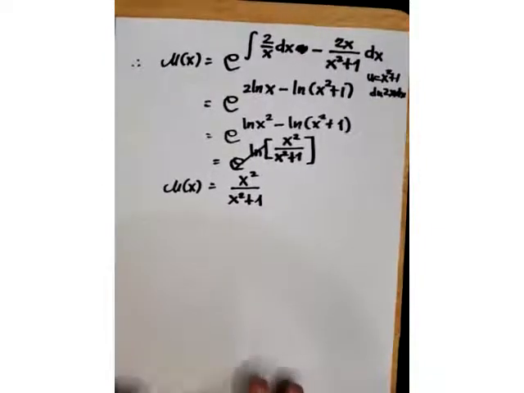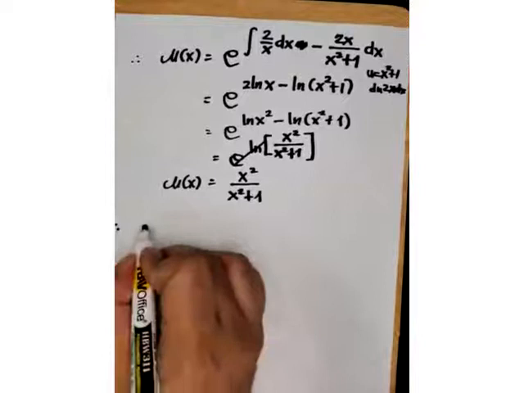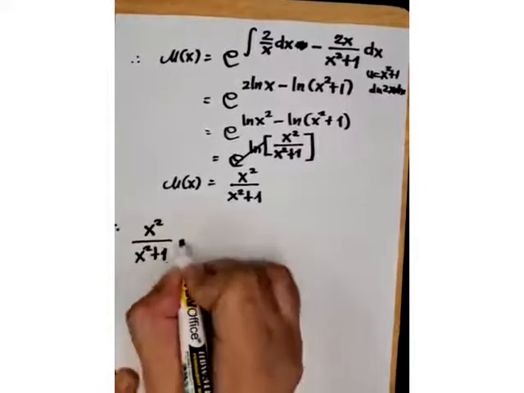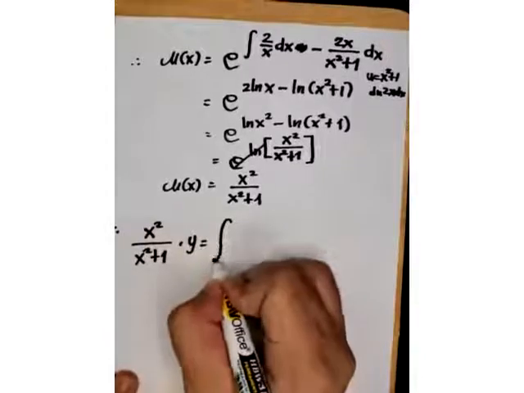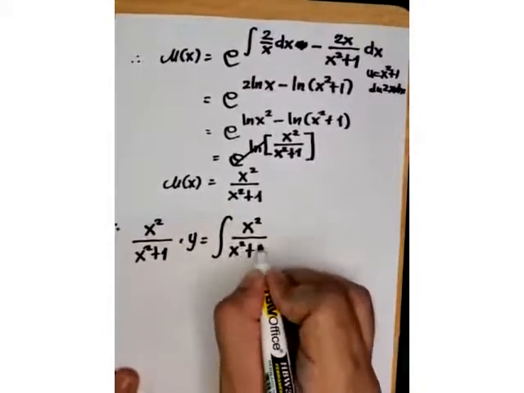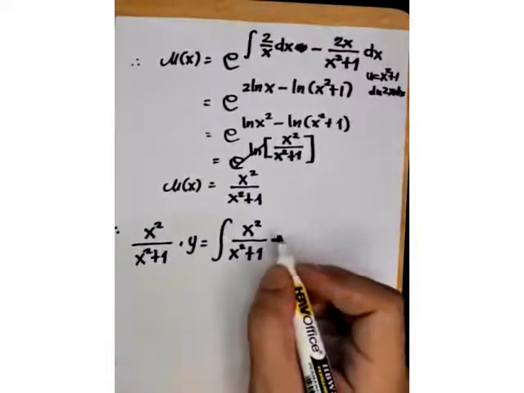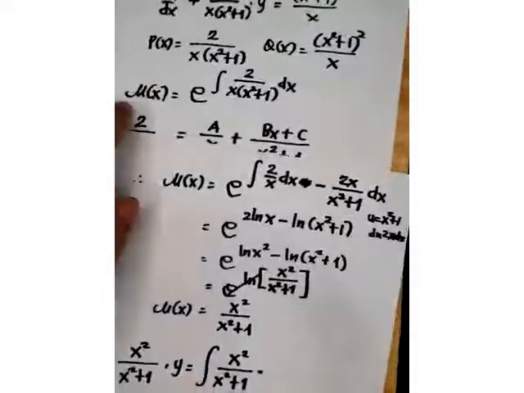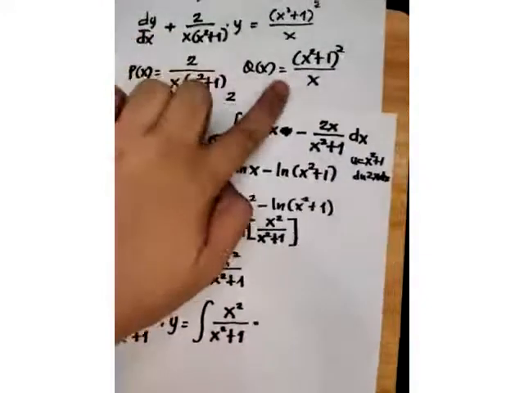So let's apply the formula. Therefore, we'll have x squared over x squared plus 1 times y is equal to the integral of x squared over x squared plus 1 times, what's our q of x?